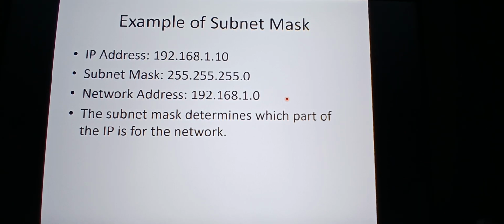This network address represents all devices within the same subnet. Any IP address within this subnet will share the same network portion, which is 192.168.1, but have a unique host portion. For example, it can be 1, 2, 3, 4, 10, etc. With the subnet mask of 255.255.255.0, the last octet, 8 bits, is reserved for hosts.